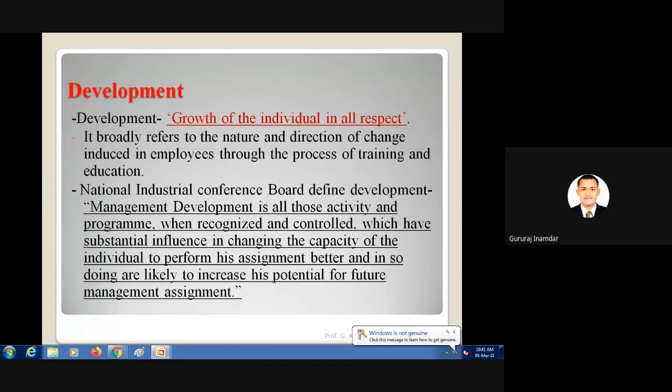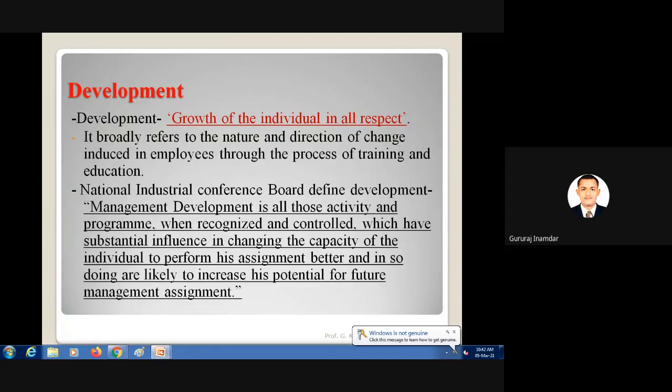So that is also different. Management language says that management development is all those activities and programs, when recognized and controlled, which have substantial influence in changing the capacity of the individual to perform his assignment better, and in so doing are likely to increase his potential.